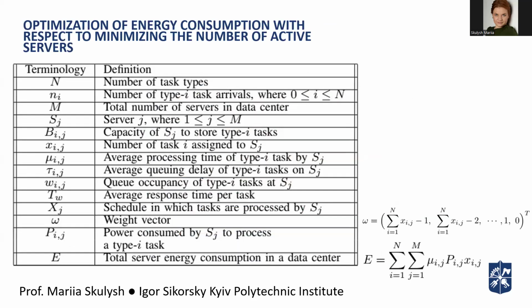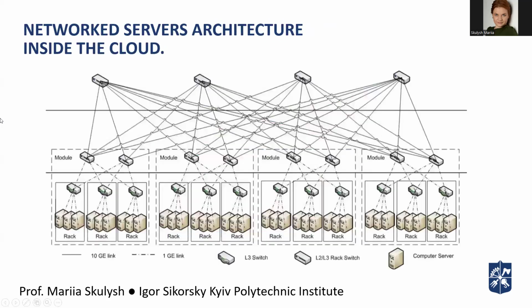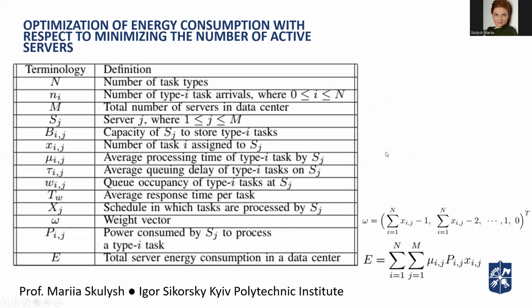Here we can see the nodes, and also the telecom network which connects these nodes. I think it's enough for today, and I hope you understand the main points about energy consumption.